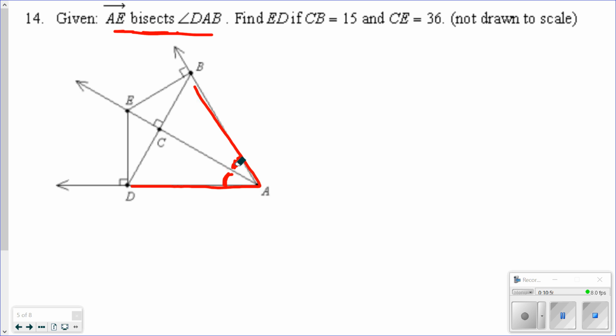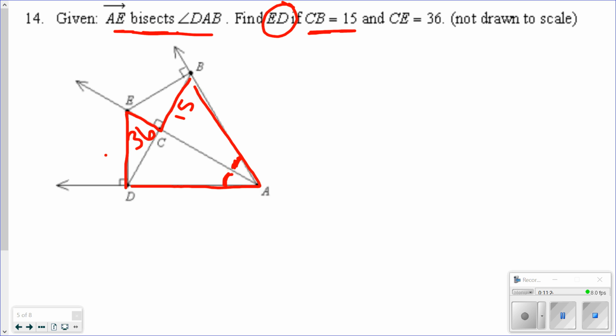I also know that BC is 15. So BC is this segment right here. I will label this as 15. And CE, which is this segment right here, is equal to 36. And they asked us what is the length of ED. Okay, so ED is right here.